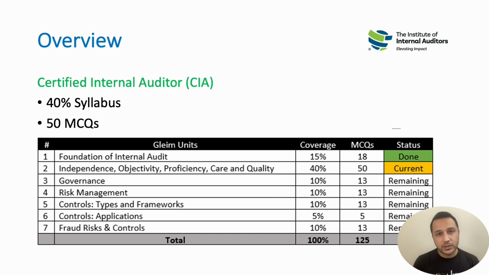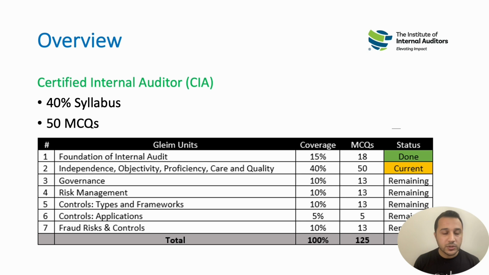This is a very important slide. There are two things that an individual candidate for the CIA exam has to understand. One is the knowledge: you have to grasp all the concepts of internal audit and internal audit related activities.